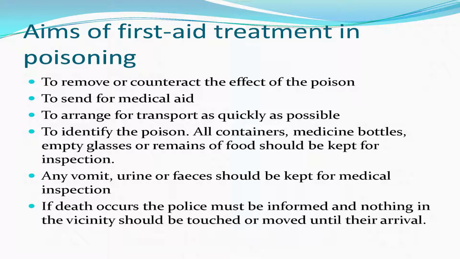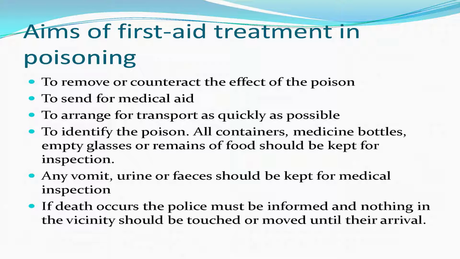Aims of first aid treatment in poisoning. The first aim is to counteract the effect of the poison. So if it is an alkaline, you give acid to counteract the effect of the alkaline.